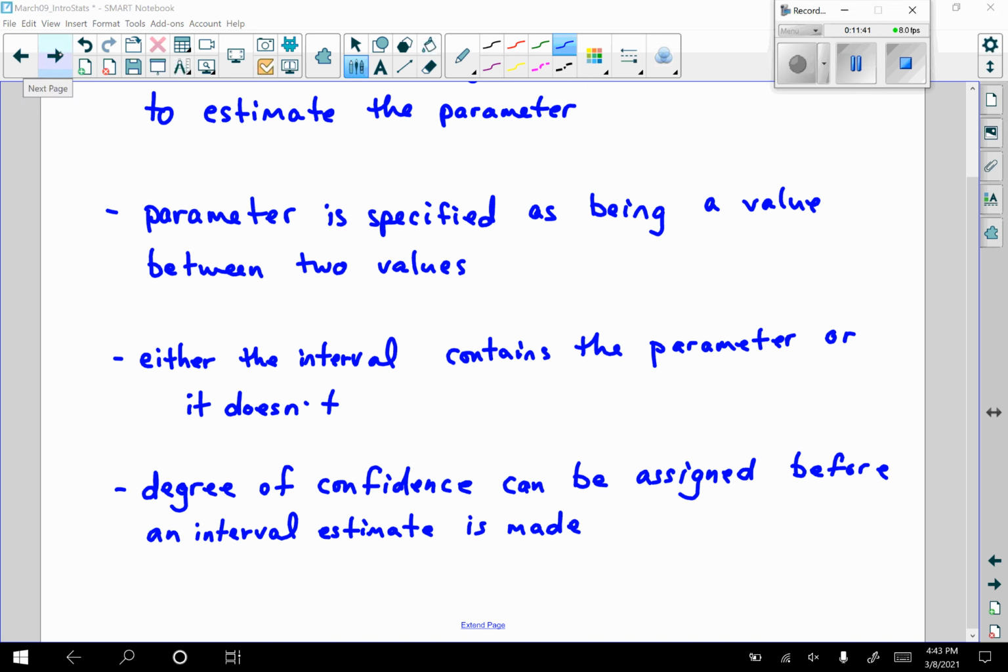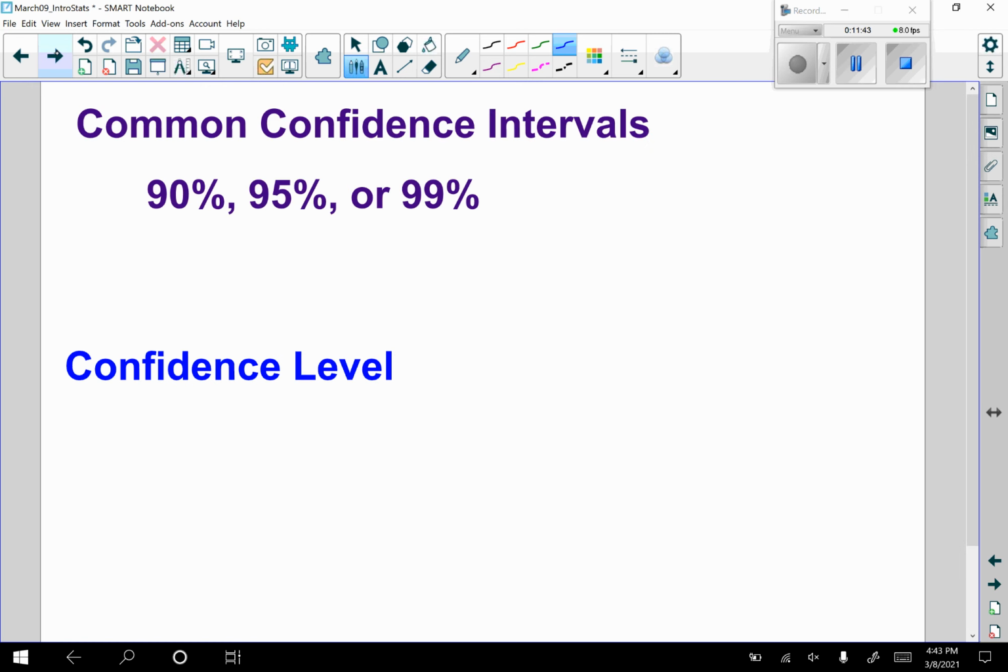Actually, go one more page for today. All right, so the common confidence intervals are 90, 95%, or 99%. A confidence level is a probability.